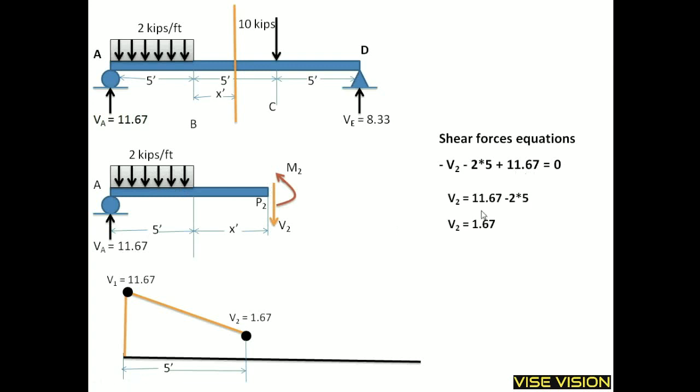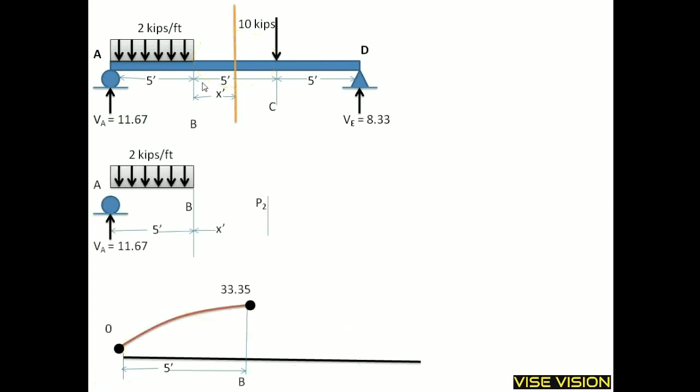Arranging this equation I get V2 equal to 1.67. In this region the shear force value is the same, constant, equal to 1.67. It does not depend upon the x value as it did in the previous case. This equation exists for this region.